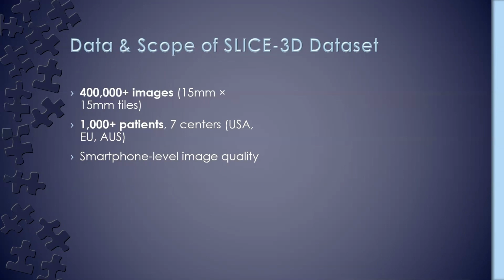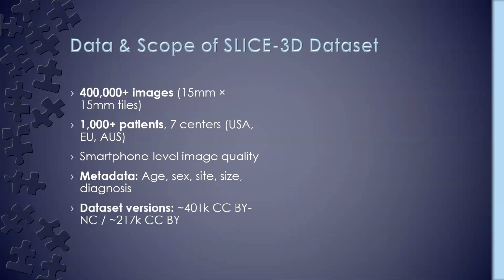The images are lower resolution, more like a smartphone, making them suitable for AI models. The dataset contains metadata such as age, sex, size, and diagnosis.